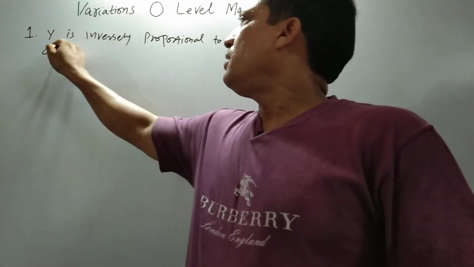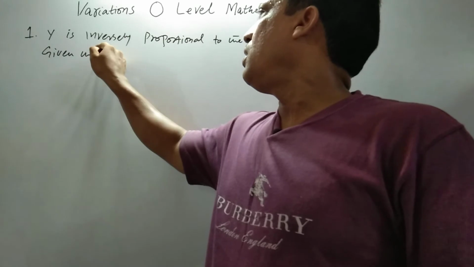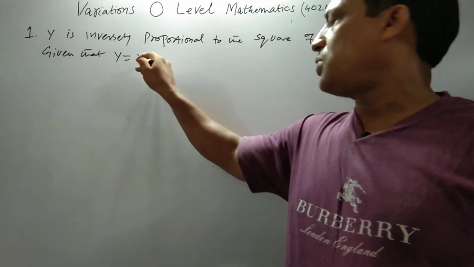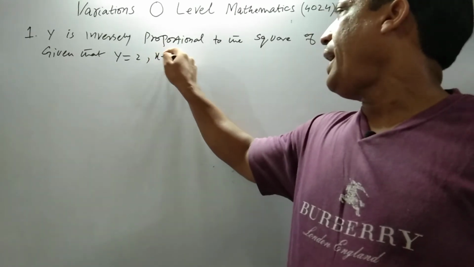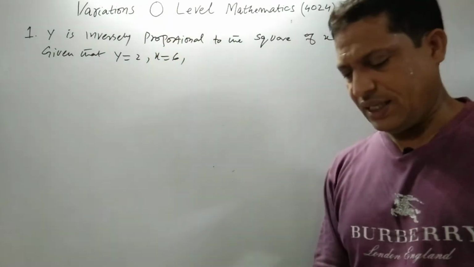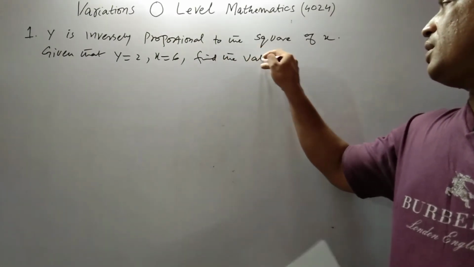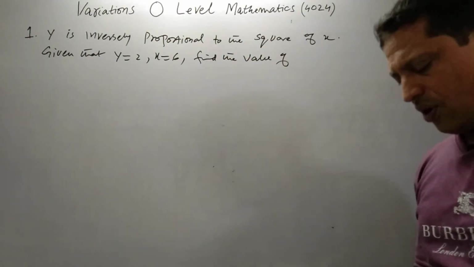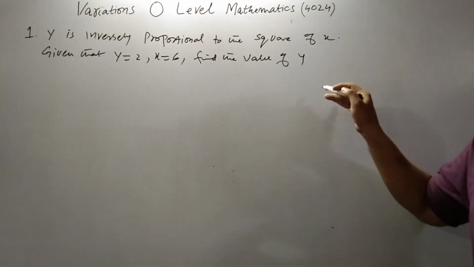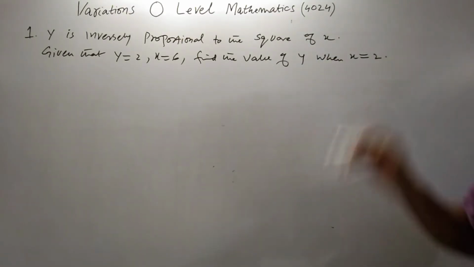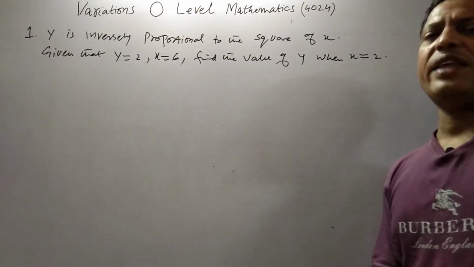Given that y is equal to 2 when x is equal to 6, find the value of y when x is equal to 2. Very easy question.